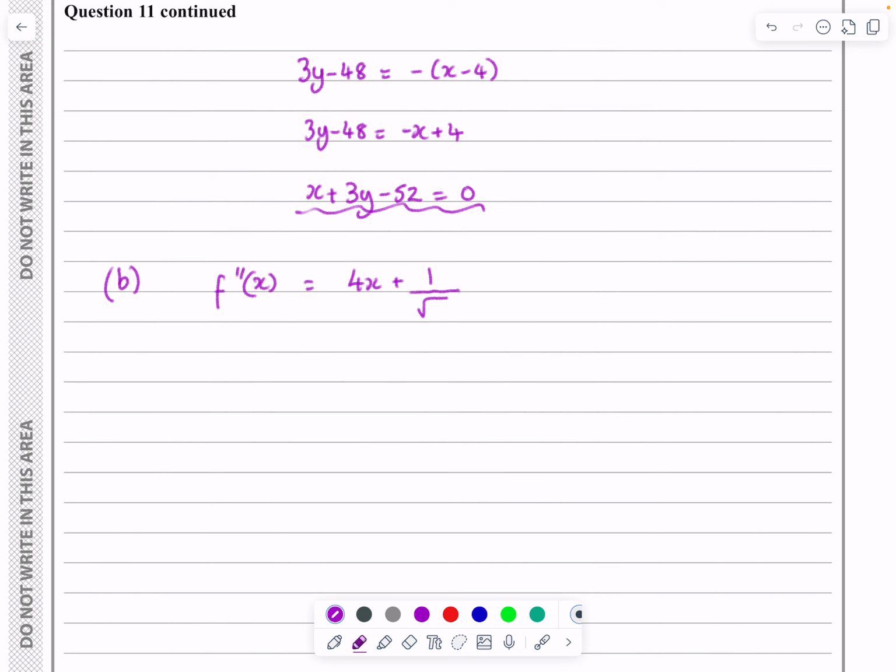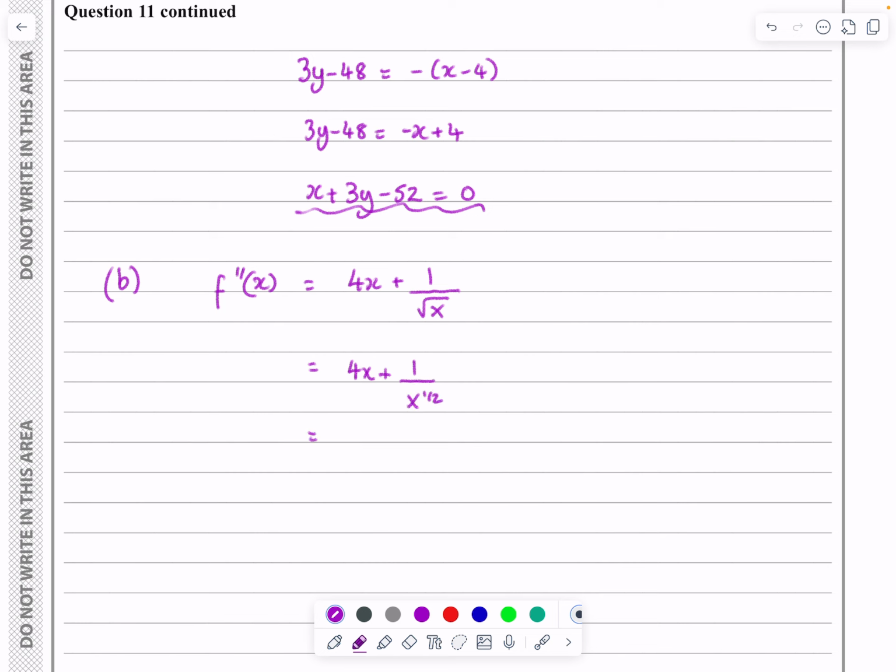So in order to integrate this, we just need to tidy this up. 4x plus 1 over root x is 4x plus, if we do it really slowly, 1 over x to the half, and then 1 over x to the half is x to the minus a half, isn't it?